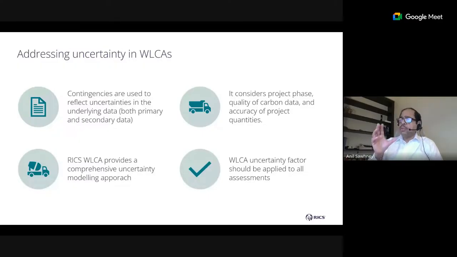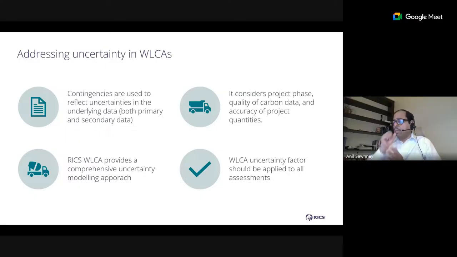uncertainty model in which you can assign some uncertainty based on the phase in which you are doing the assessment. If you're doing it in the design stage, obviously some information may still not be decided or clear, so you can assign a certain factor to that. It also considers what kind of data you're using for carbon factors. Are you using product-specific, plant-specific EPDs? Then the uncertainty is less.